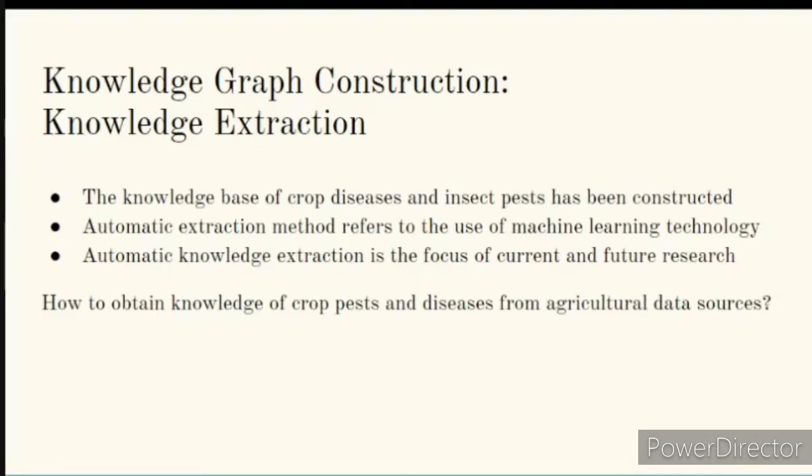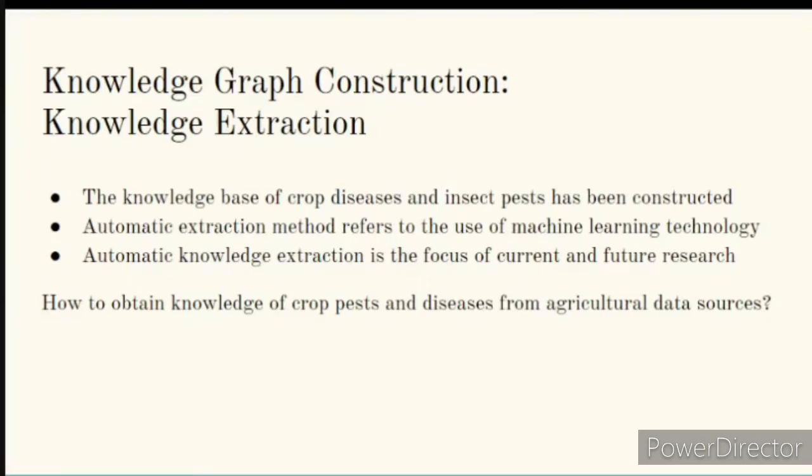The knowledge base of the crop disease and insect pests has been constructed, including crop ontology knowledge base and diagnostic rule knowledge base. Automatic extraction methods such as ontology learning technology refers to the use of machine learning technology and natural language processing for the knowledge extraction of the pests and diseases.